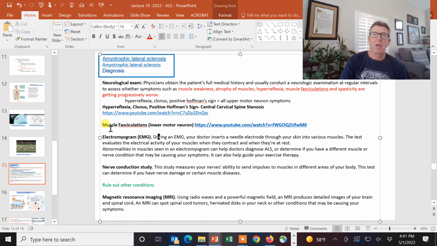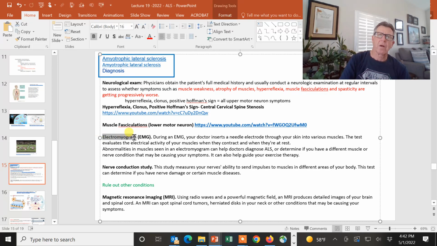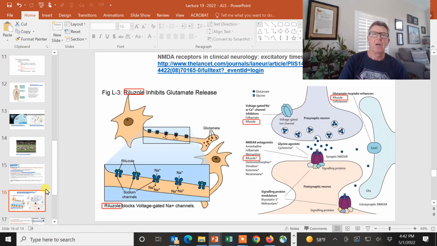You can look for fasciculations by doing electrophysiology, and these are abnormal spontaneous contractions that happen in the muscles. You can do electrophysiological analysis of the muscles, nerve conduction velocities, which we talked about at the very beginning of class, okay? And you can rule out other conditions by doing an MRI and looking for what parts of the brain are undergoing degeneration.